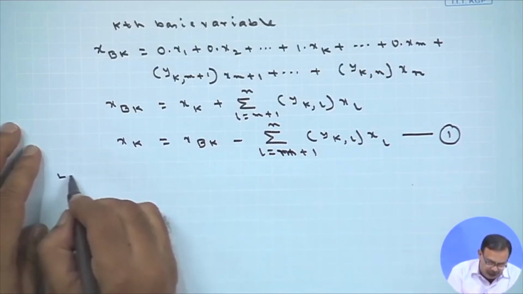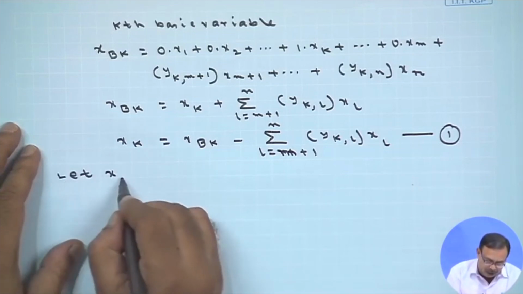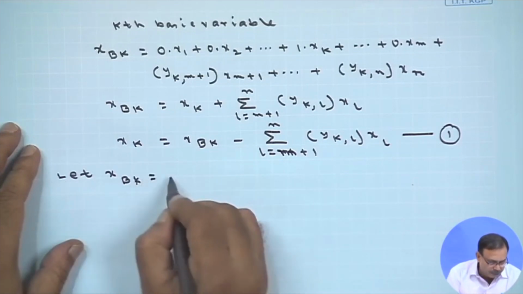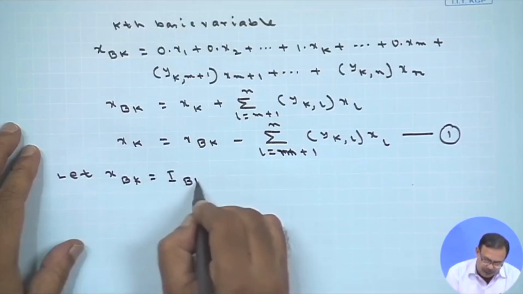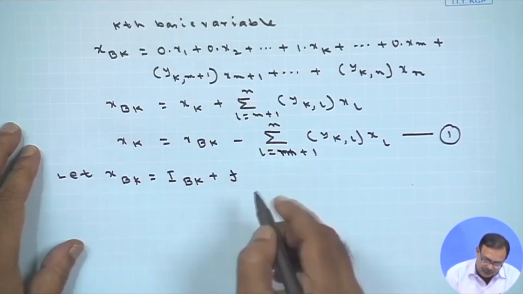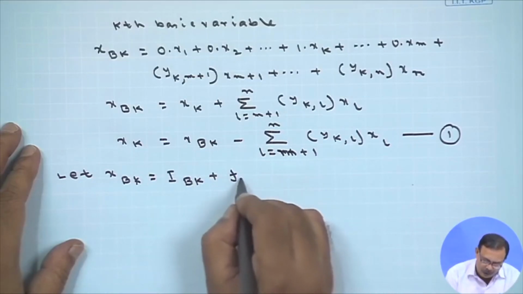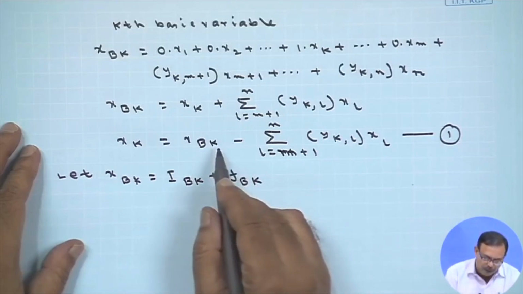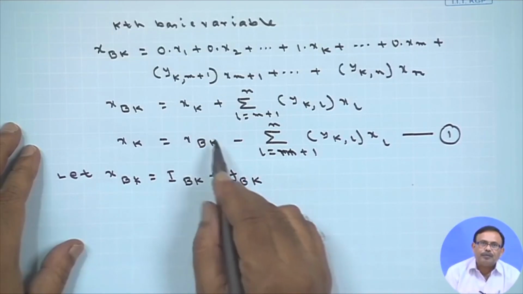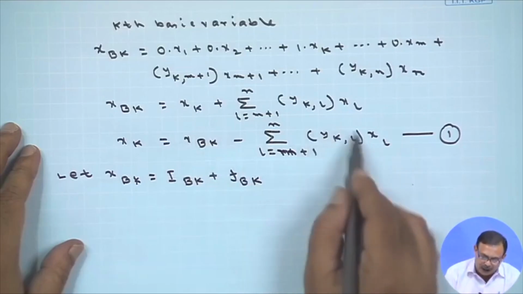Now, let xbk equal ibk plus fbk. It has two components, basically xbk and this ykl.